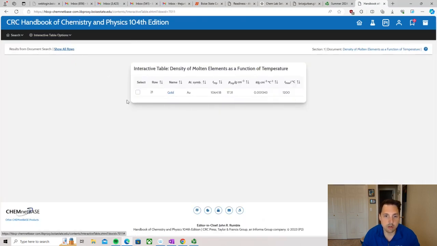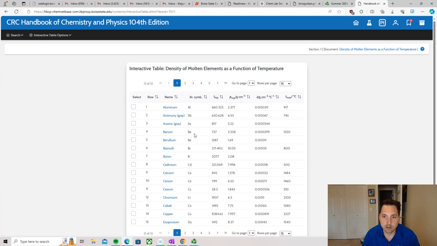And if we want to show all rows, we can see a variety of different densities here. So density is given by the symbol rho. So the density of aluminum is 2.377 grams per cubic centimeter. And then the slash here is Guggenheim notation. That's just referring to the units for this density.